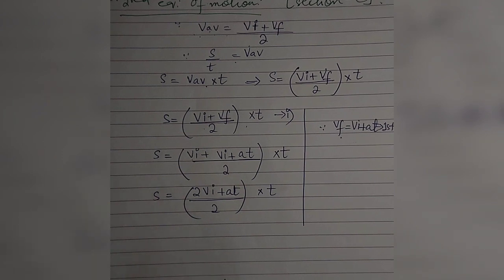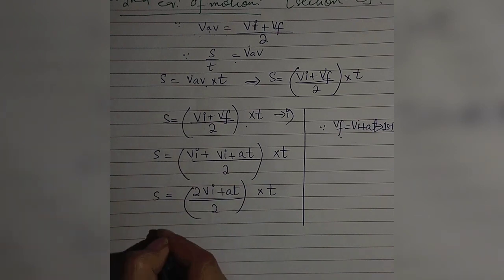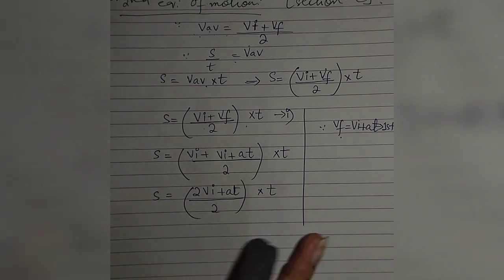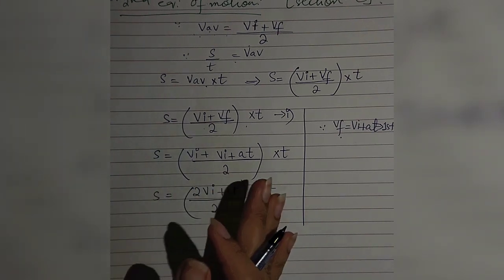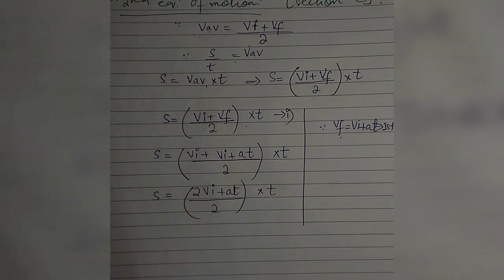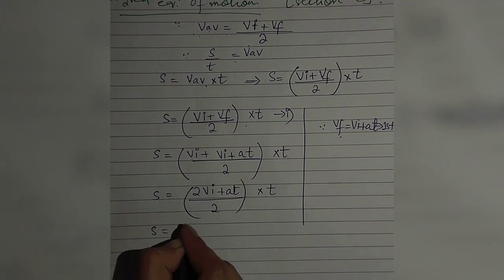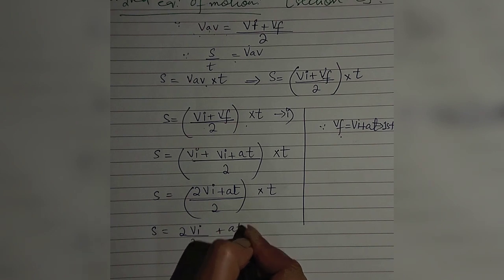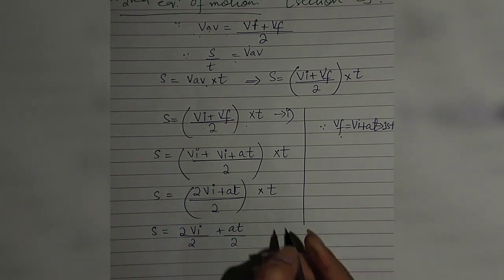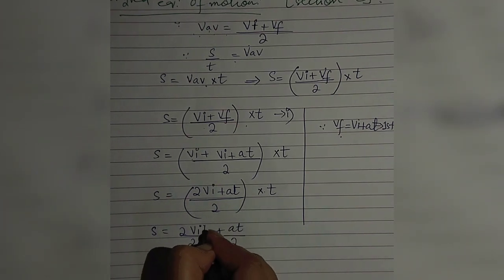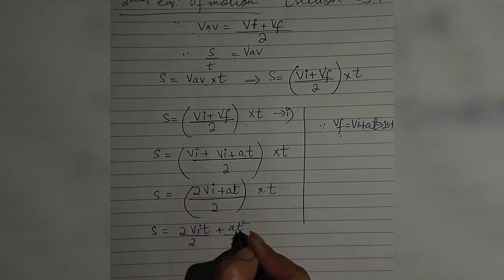Now the next step would be, let's simplify it again. Whenever we are doing some mathematics, we always simplify as much as we can. So let's break the LCM: 2Vi upon 2 plus at divided by 2, and this t multiplies over here and over here too. This becomes t squared, this becomes Vit.